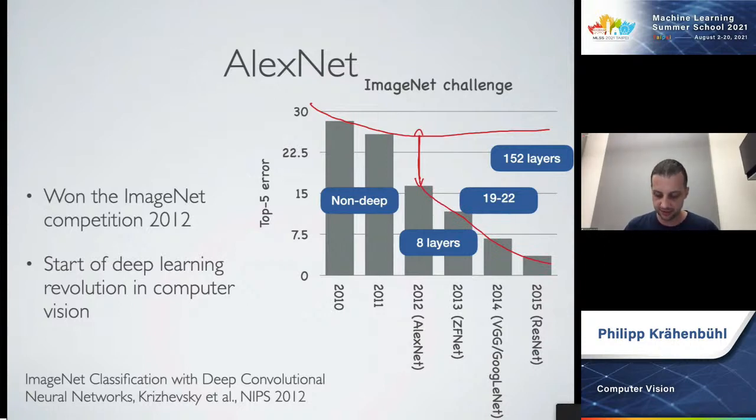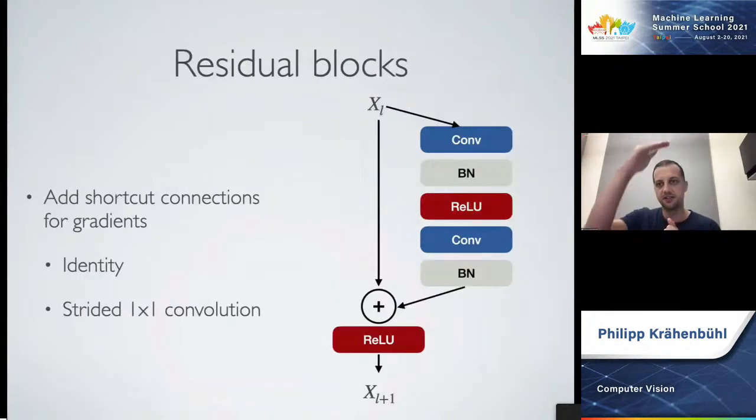In the later years, there's always been one very nice and pretty architecture every year. I'm not going to go into all the details of all of these architectures. But I'll show you the next big architecture, which is residual networks. The big change that residual networks brought was, instead of trying to model everything as convolutions and having the image pass through the network sequentially, now we use the convolutions to compute residuals to the image itself.